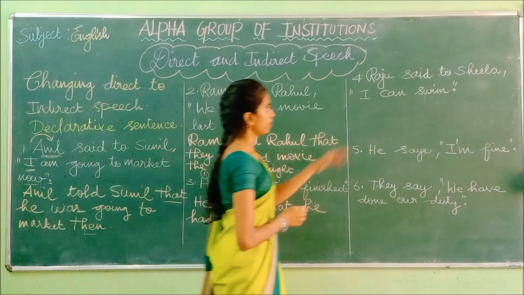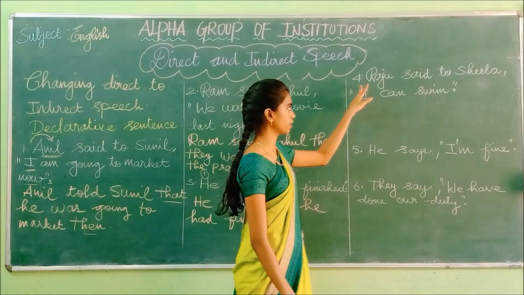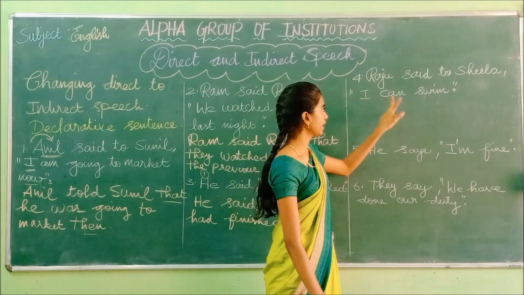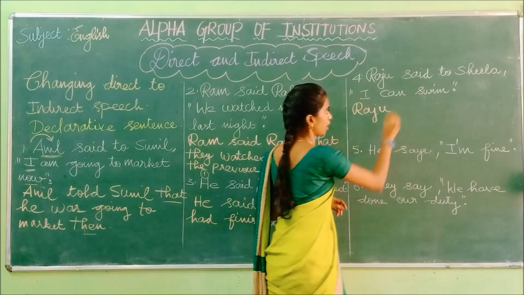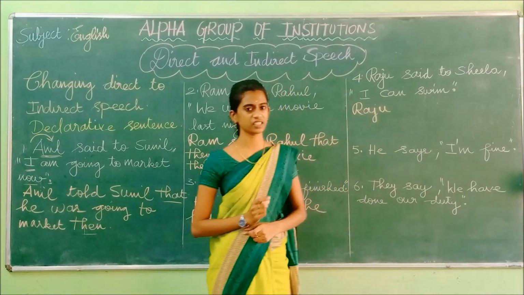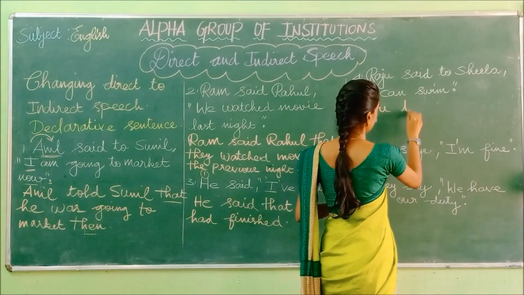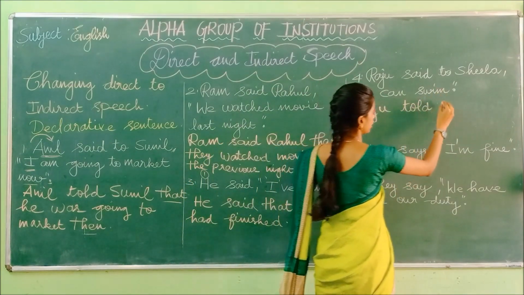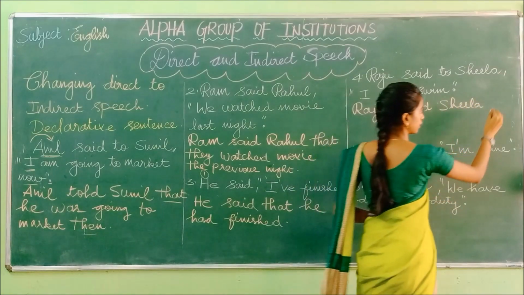The next one. Raju said to Sheila, I can swim. So we have to write the first person, Raju. How will "said to" be changed here? Yes, it will be changed into "told". Raju told Sheila. And what is the conjunction we have to write? That.